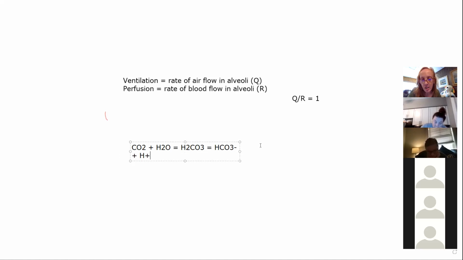And since we know that pH equals the negative log of the hydrogen ion concentration.